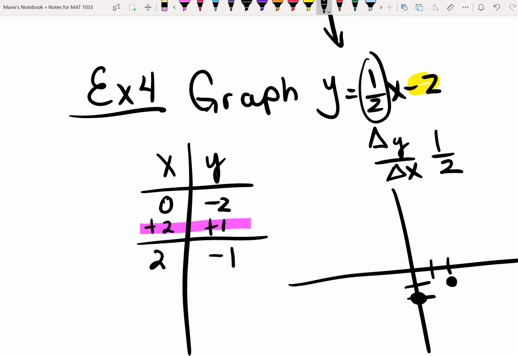So this should be your next point. I'm also looking at this as up 1 over 2. So I can do it either way. I could do the counting method, as in a change of 1 in the y, so I go up 1 because it's positive, and to the right 2 spaces because that's also positive. That's all you need are 2 points, and you draw your line.